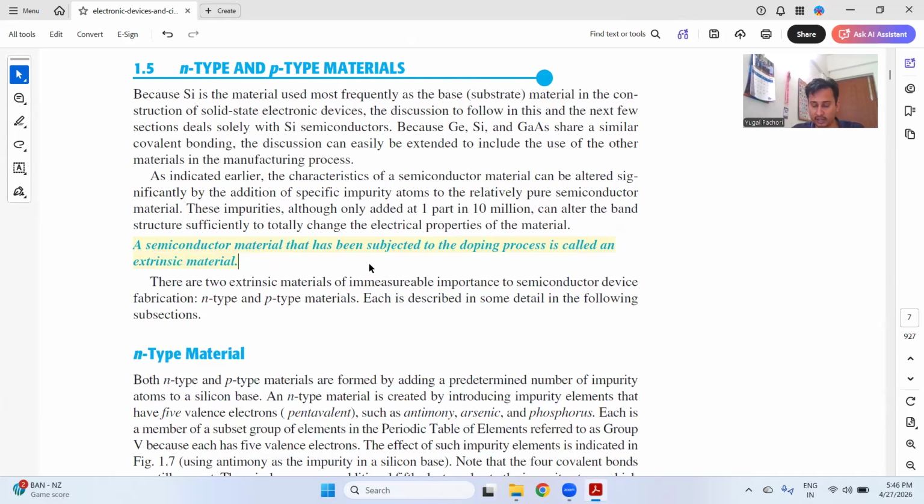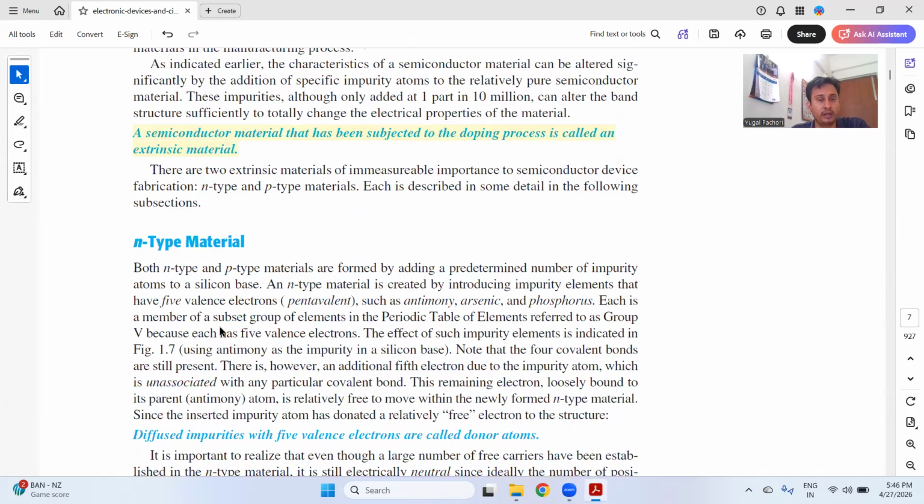Now, if pentavalent impurities are added to the semiconductor material, it becomes N-type. You can see over here, it is written pentavalent impurities. Now, what are the pentavalent impurities? These are those impurities which have five valence electrons in their outer shell.